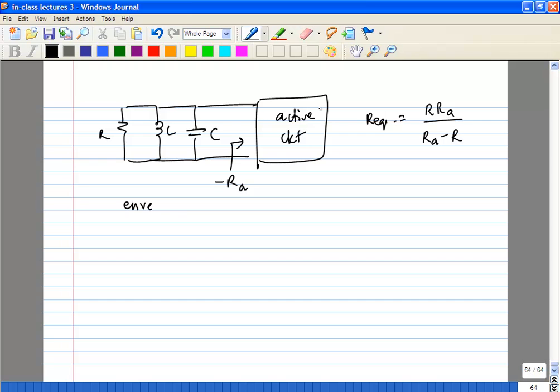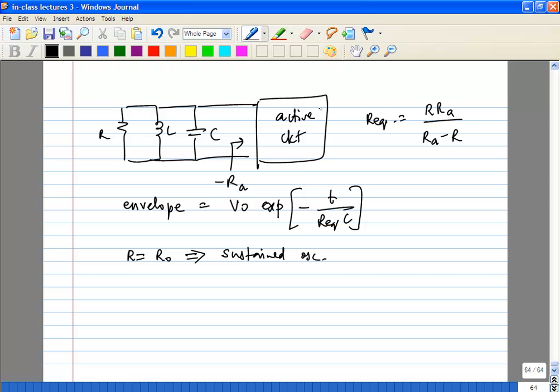So now the envelope will be V naught e power minus t by R equivalent times C. Obviously R equals RA means you have sustained oscillations.